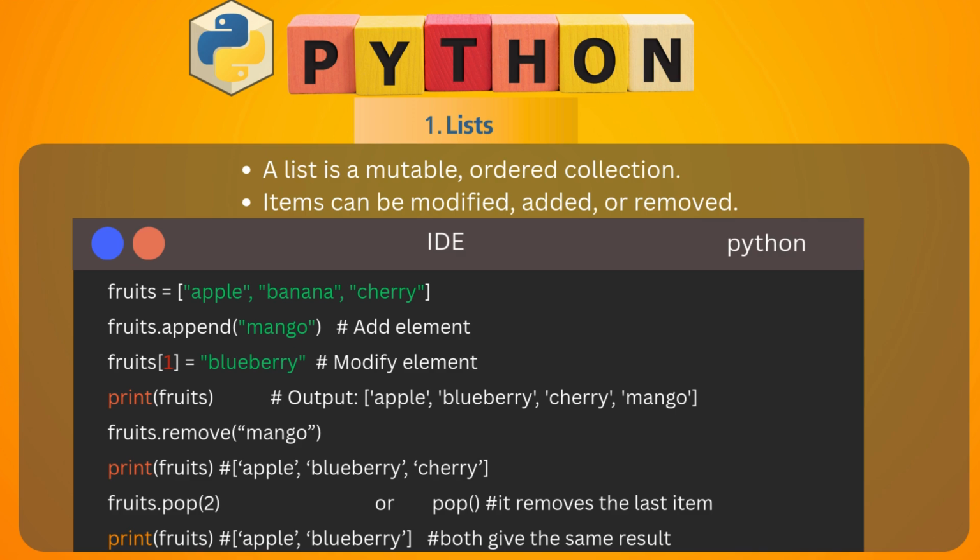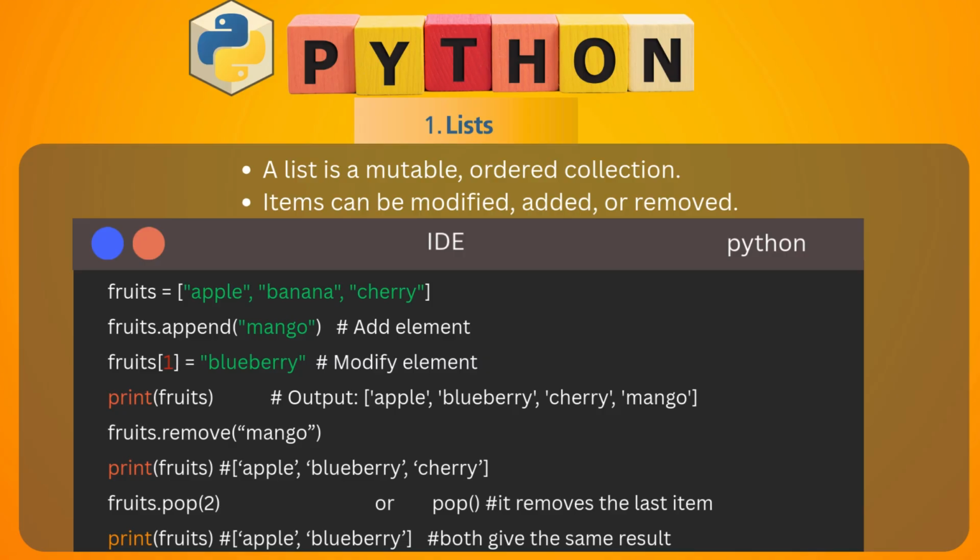Removing by value, dot remove deletes an item by its value. If the item is not found, it will throw an error. Dot pop index removes an item at a specific position. Here index 2 is cherry. So the example output was apple and blueberry. If you call dot pop without an index, it removes the last item.